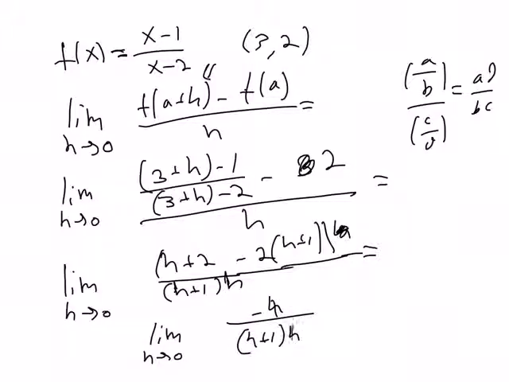The h's cancel, so this becomes negative 1 over h plus 1, which when h goes to 0 becomes negative 1. So that is our slope.